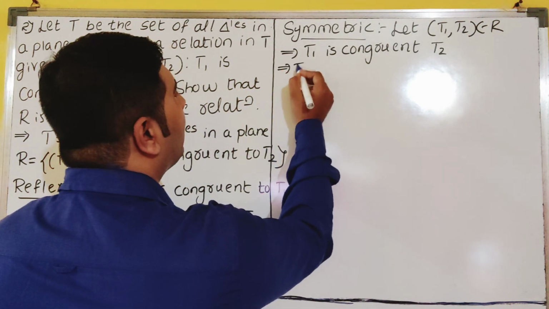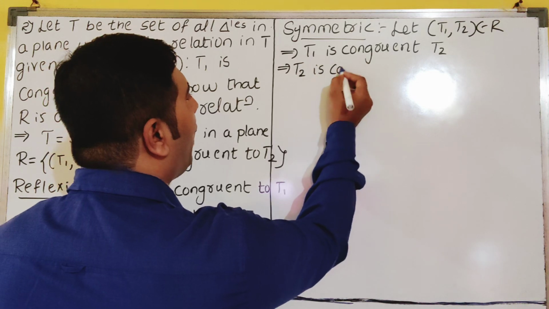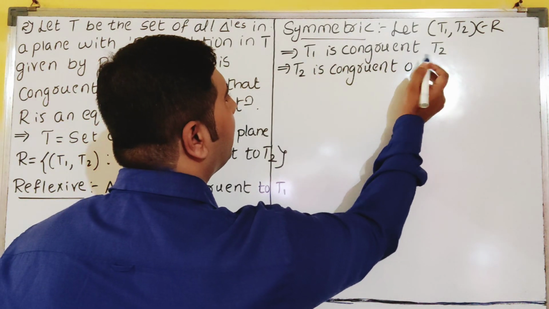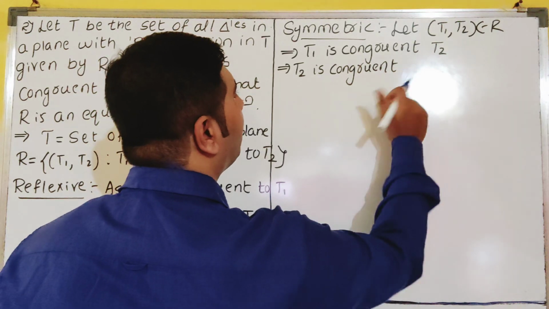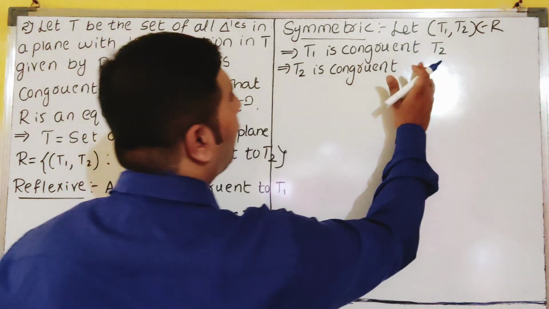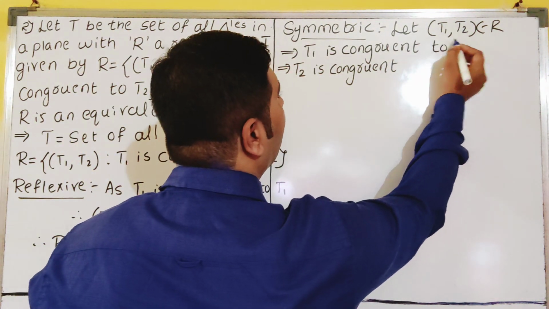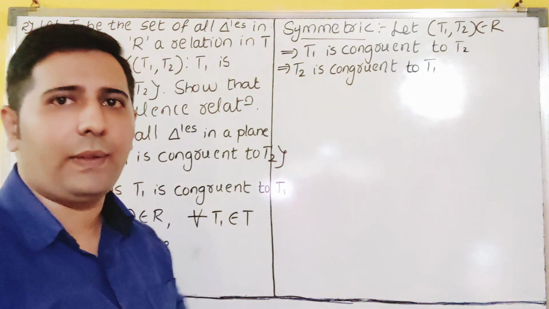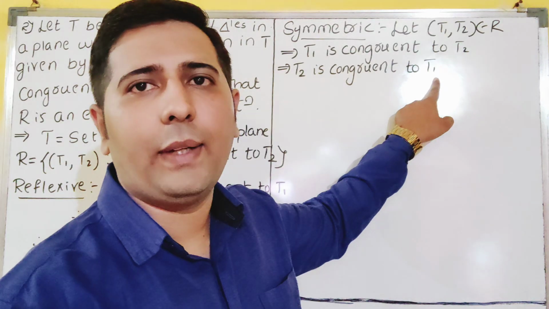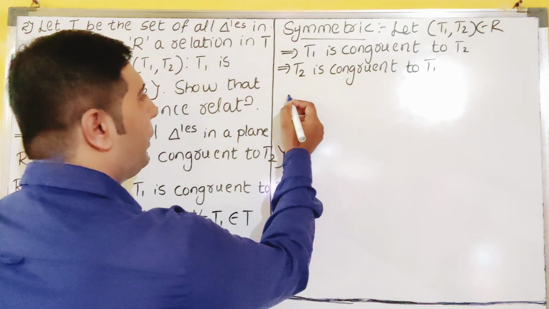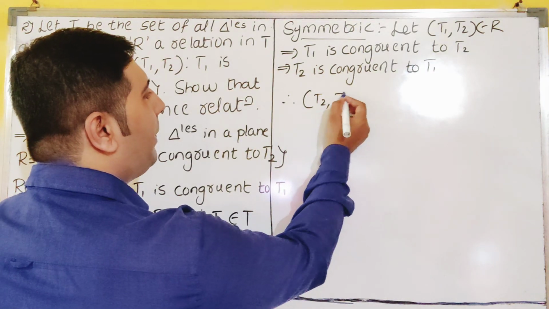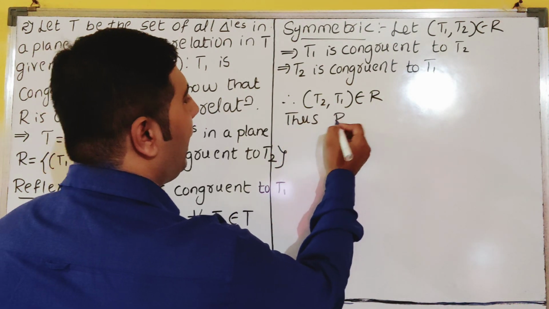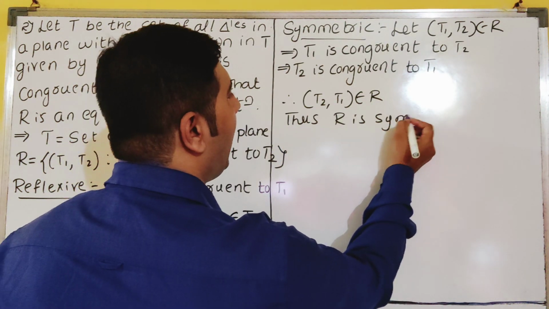So T2 is congruent to T1. Therefore you can write (T2, T1) belongs to R. Thus R is symmetric. I hope you are understanding. It's a very easy question.